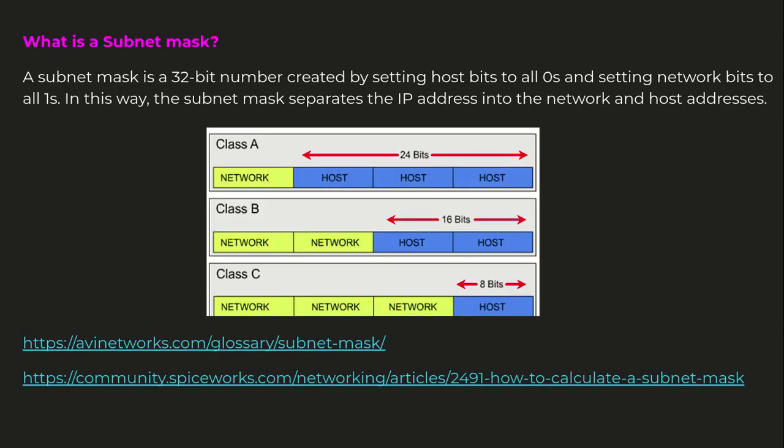So before proceeding, we will understand something about the subnet mask, because we are going to use the subnet mask as well. So what is subnet mask? Before going to the subnet mask, we will understand the IP. In previous videos we have seen the IP address, and an IP address has 4 parts. But based on the class of the IP address, it will internally have 2 categories, which is nothing but network and host.